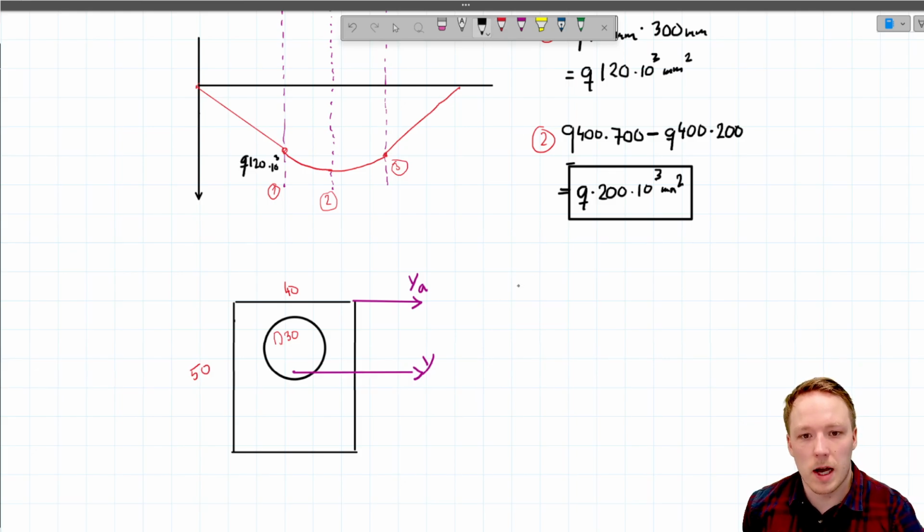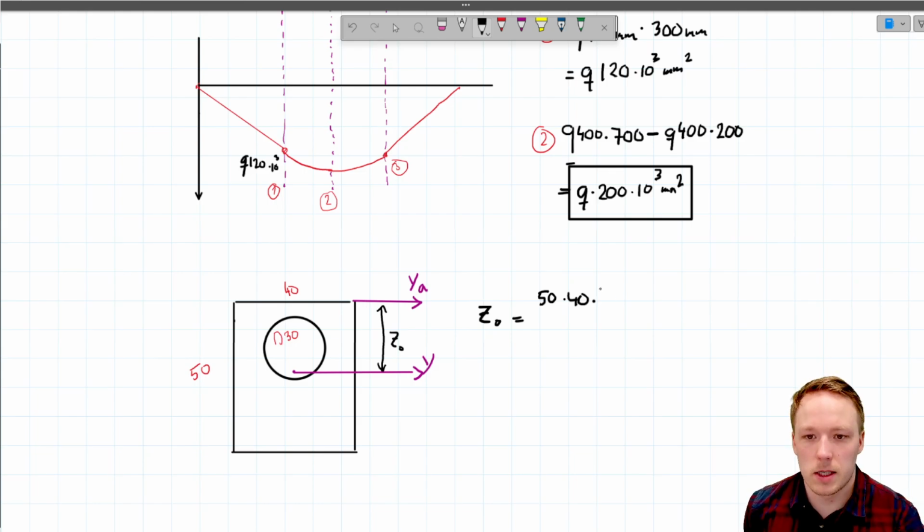First thing we have to do is to find out the Z0. And that we do by calculating like so. 50 millimeters times 40 millimeters, it's the area of the rectangle, multiplied by the distance from the neutral axis of the rectangle to the additional axis, which will be 25.